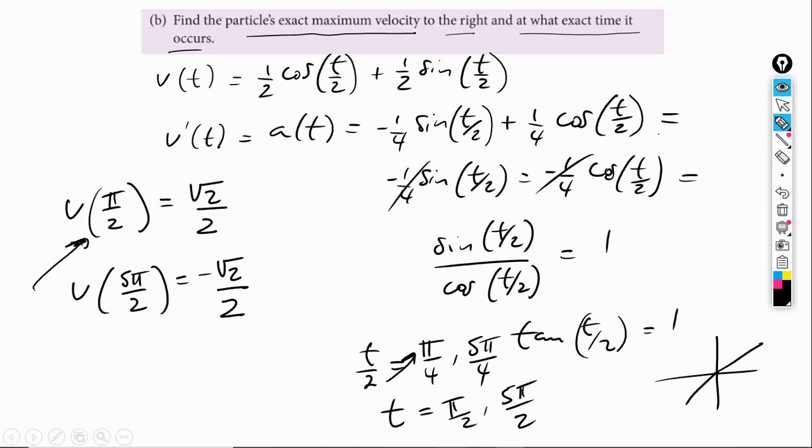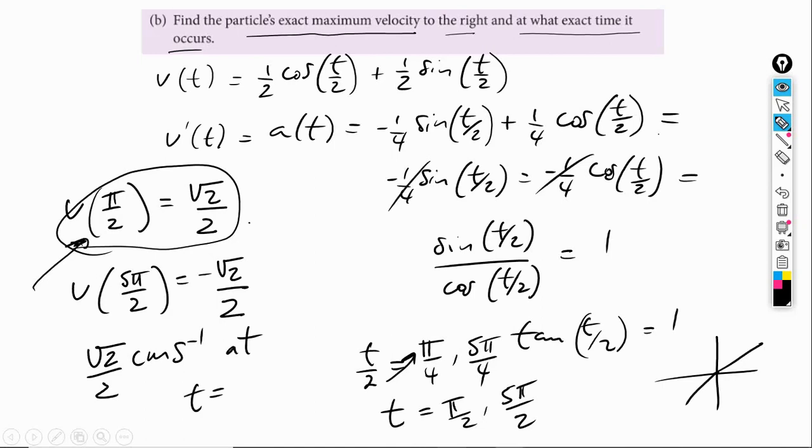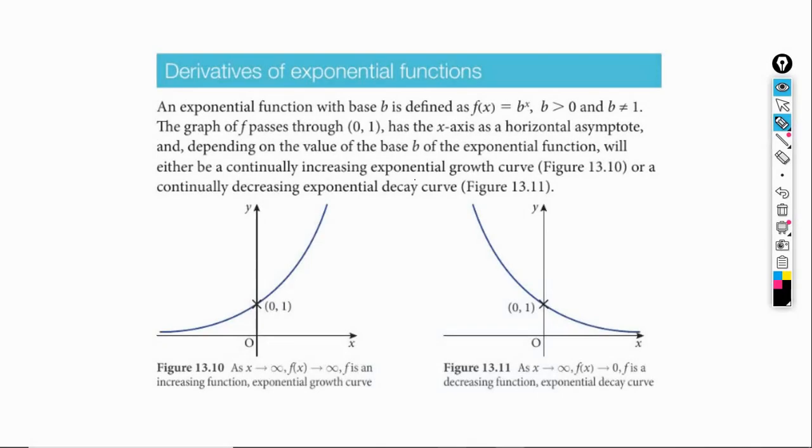And for displacement to the right, we found before that it was to the right in the interval between 0 and 3 pi halves, so obviously this is included. Therefore, the solution would be that the maximum velocity is square root of 2 over 2 centimeters per second at time pi halves seconds. Very well, so the next topic is derivatives of exponential functions.